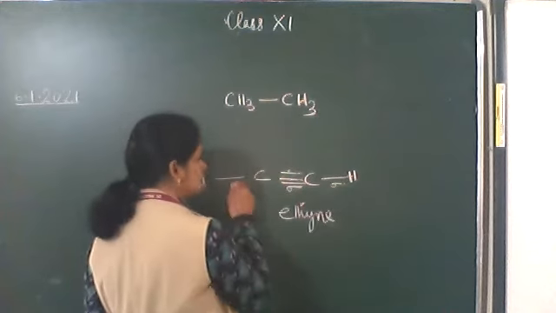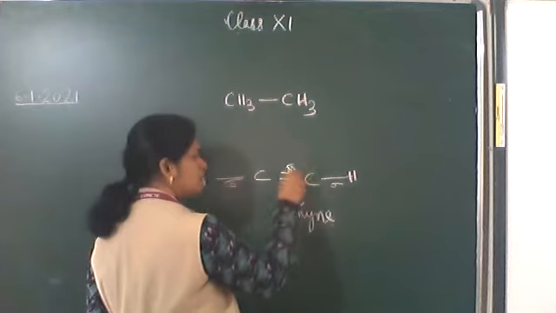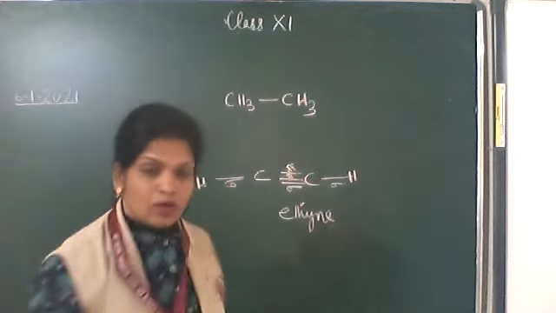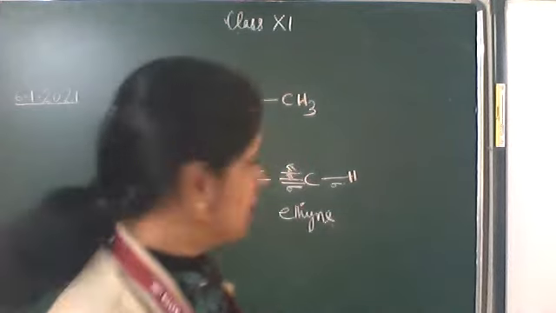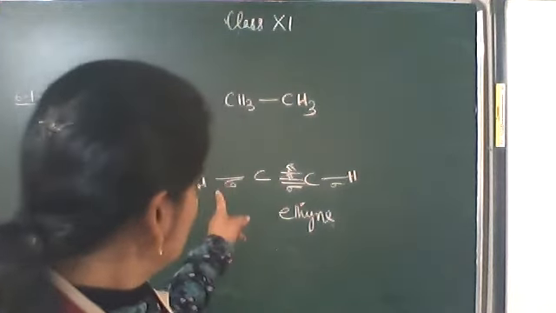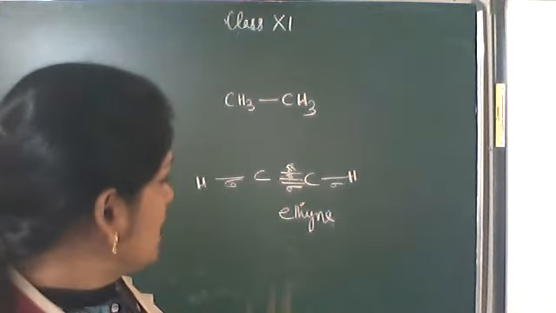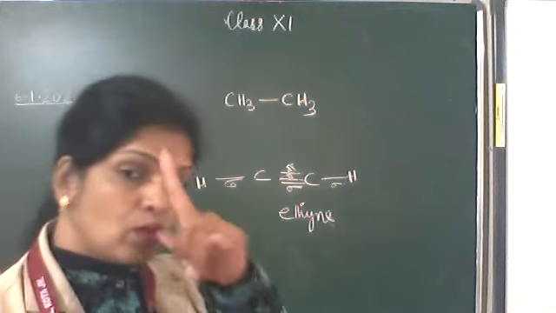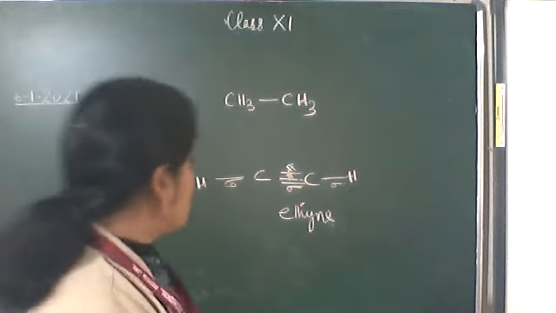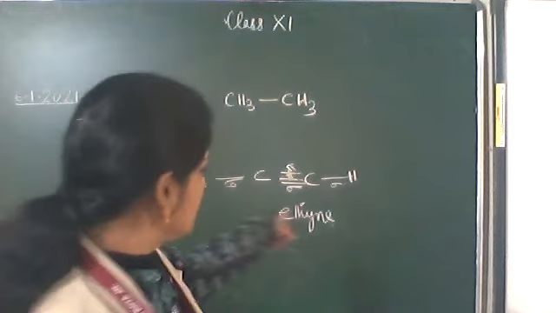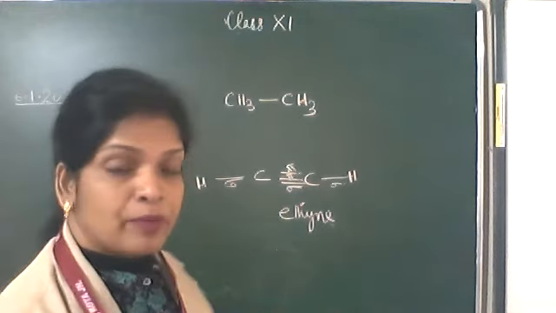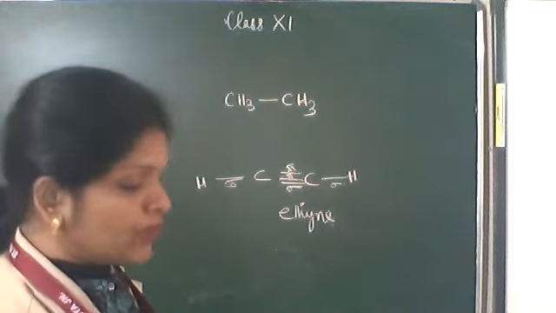This is sigma, this is sigma, this is pi, this is also pi. How many single bonds are there? 2 single bonds. How many triple bonds? 1 triple bond. How many sigma bonds? 3 sigma bonds. How many pi bonds? 2 pi bonds.